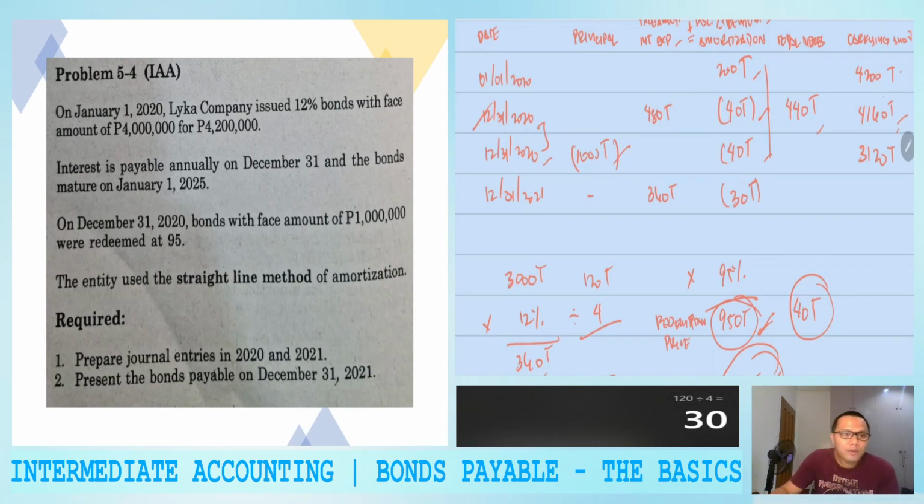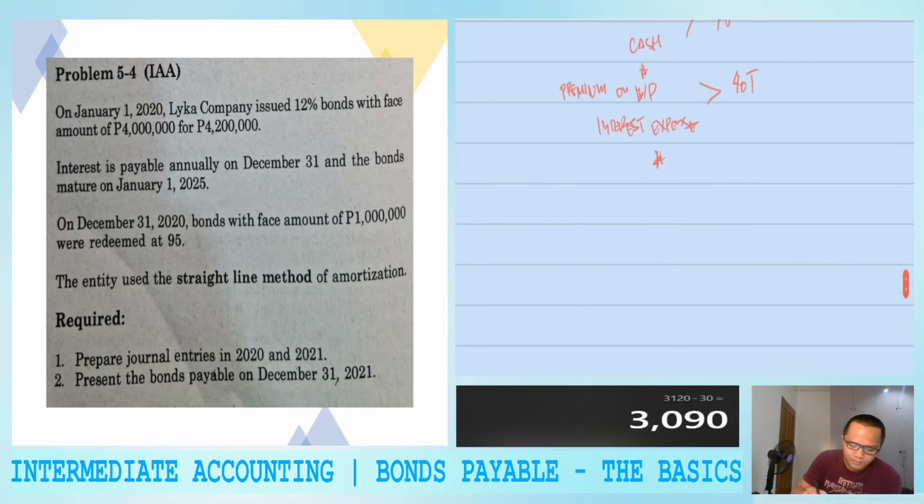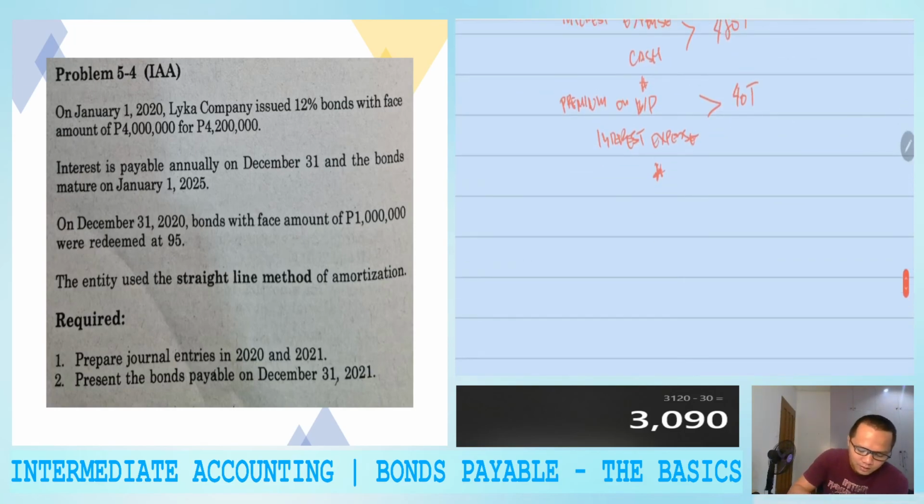So, 3,120 minus 30, we have 3,090,000. Okay? So, ngayon, if we are to journalize that, 12/31/2021, debit interest expense, credit cash.